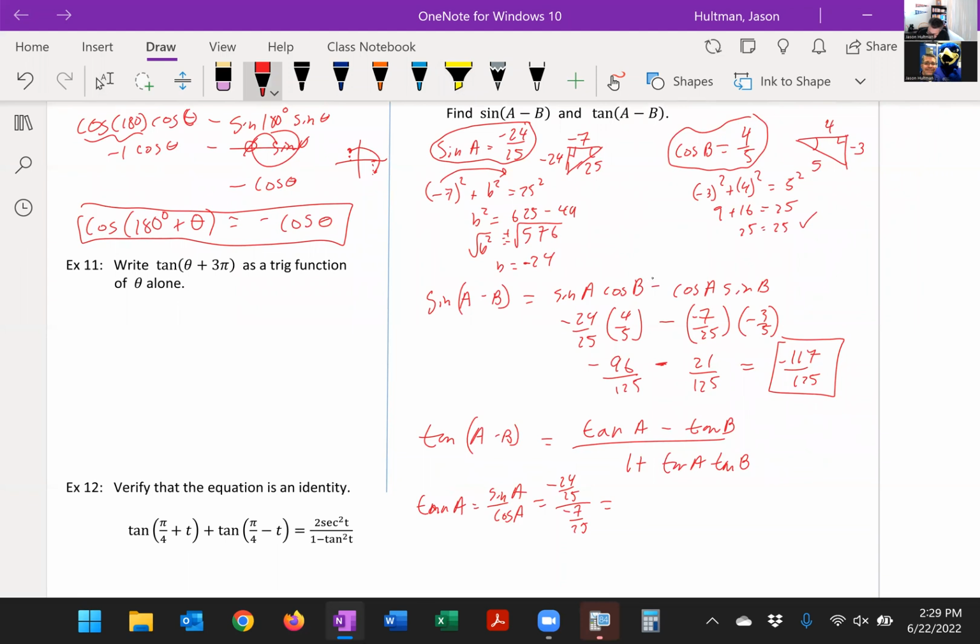If I highlight the triangle, that might be the easier way to go since we already have it all calculated. The tangent would have been negative 24 over negative 7, which is just 24 over 7. So that's one way to go about it. Negative 24 over negative 7, but the negatives will cancel each other out. Okay, 24 over 7.